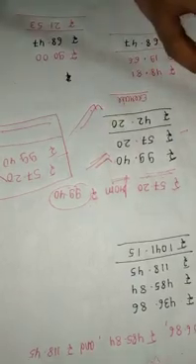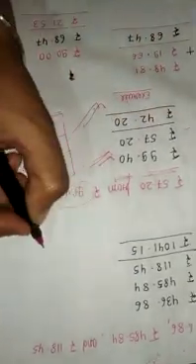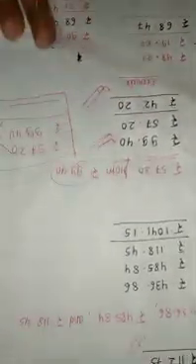Clear? If it is simply said subtract, as in example number 4, find the difference between 248 rupees 80 paise and rupees 129 and 55 paise, then we will simply write as it is given.